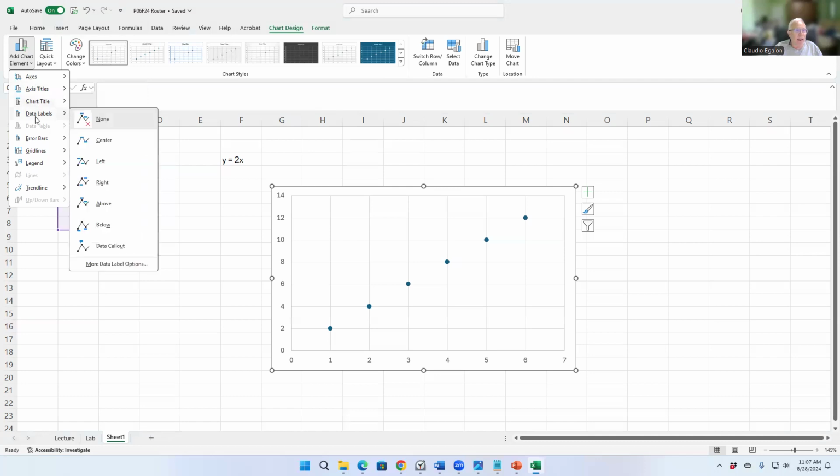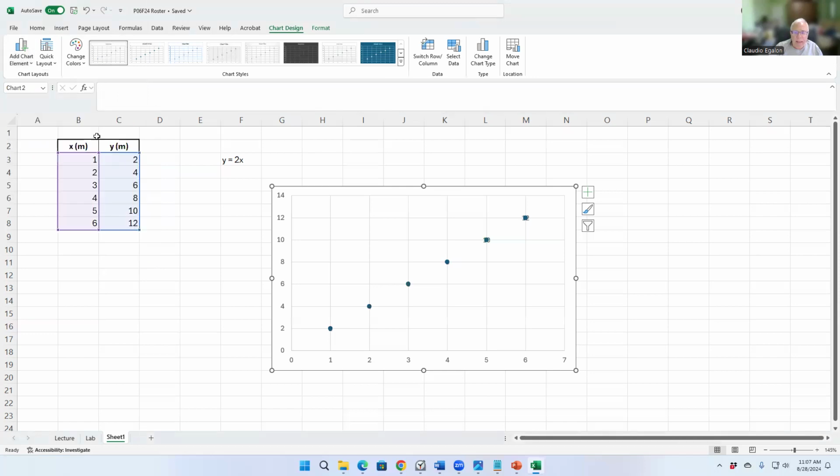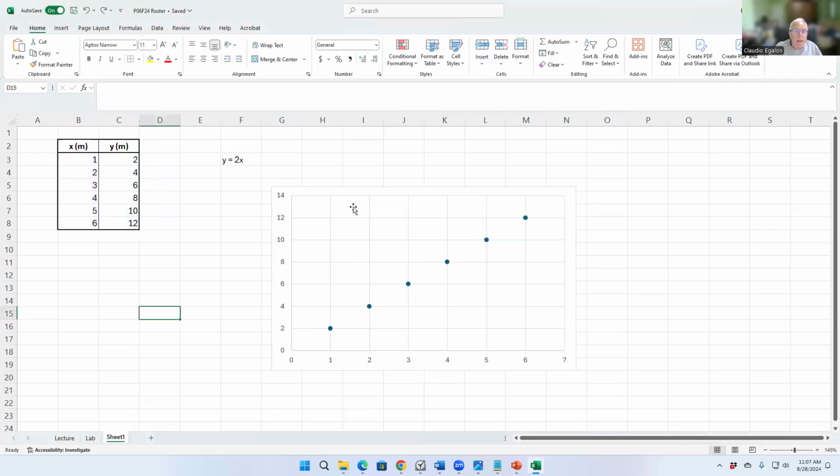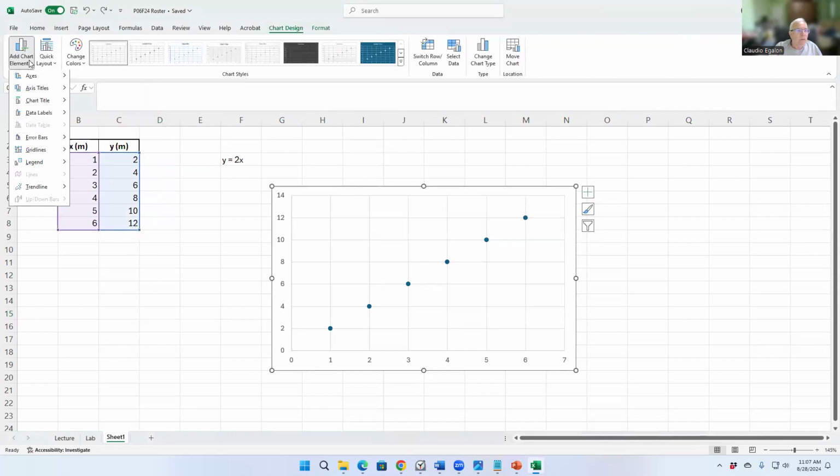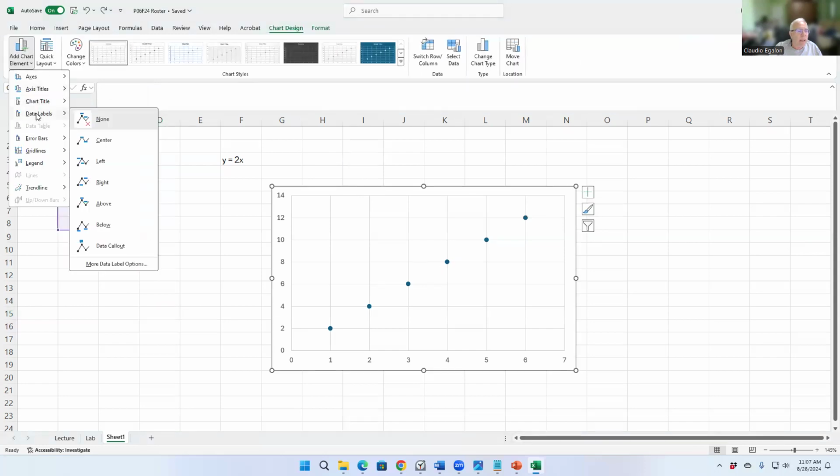Data labels: the points in the data have labels. I just want you to play a little bit with data labels. When I highlight that, you put a number next to the data point.